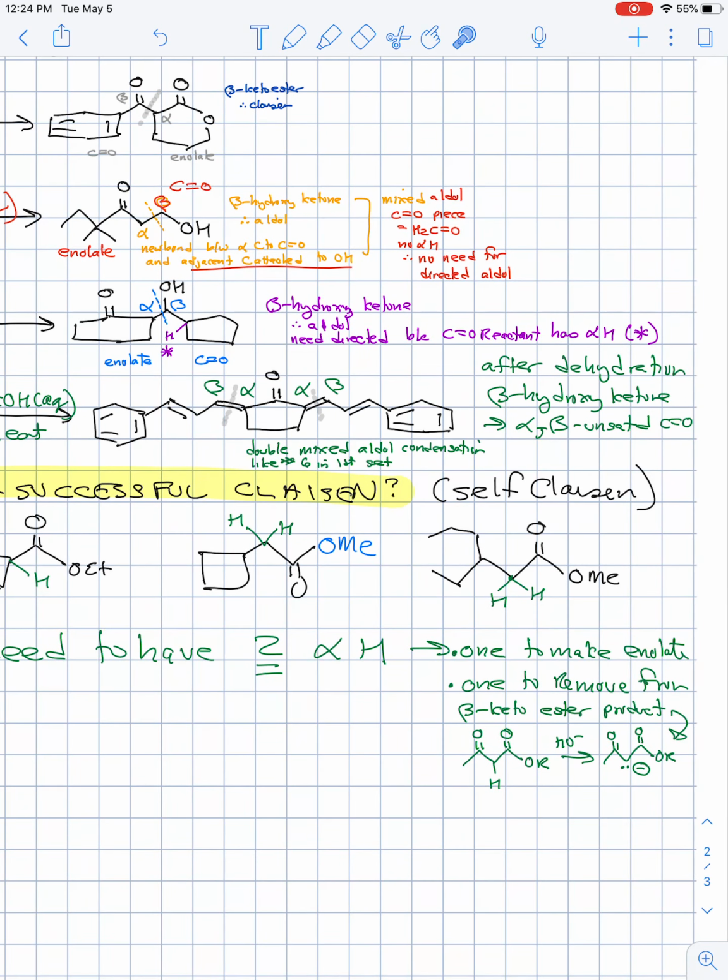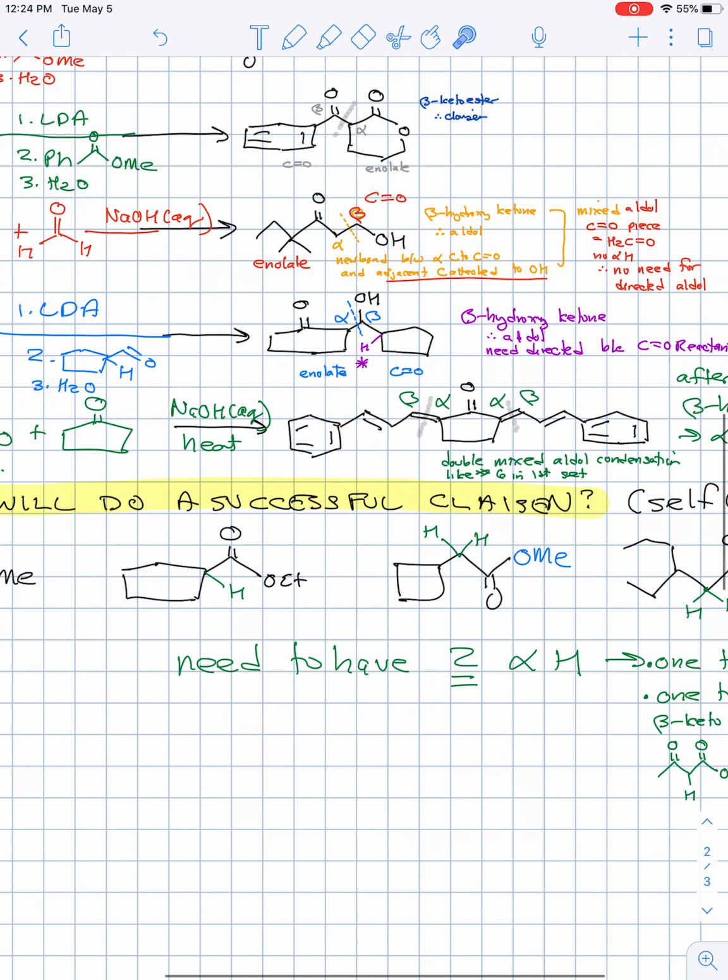And the reason why it needs to have 2 alpha hydrogens is that you need 1 to make the enolate and 1 to remove a hydrogen from the carbon that's alpha to both carbonyls. And again, that helps to drive the reaction forward. That's literally all you have to do here.